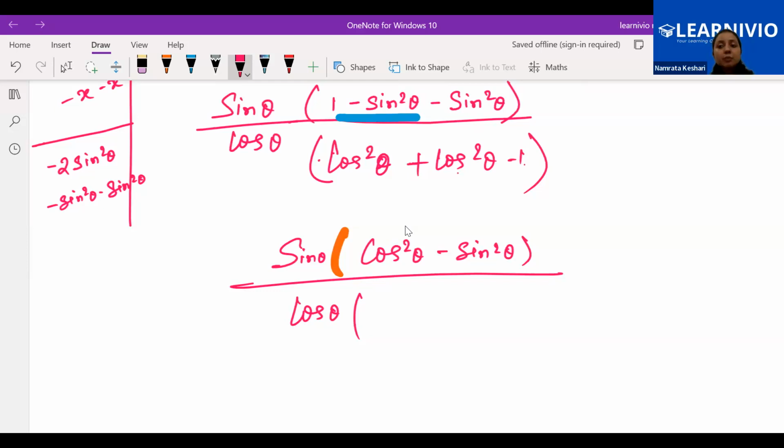If it were 1 minus cos square theta, then we could have applied the formula. I was explaining, if a minus b is there and you want b minus a, then you can take out minus common. Can we take out minus common from these two parts so that it will be 1 minus cos square theta? Yes or no?